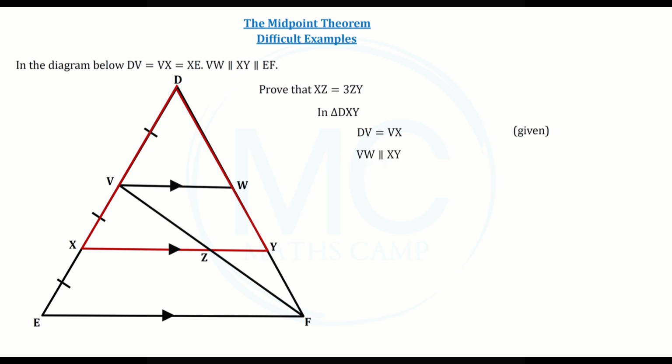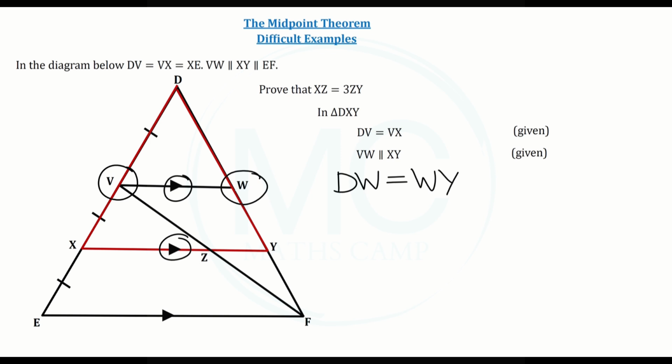And again, we can use given as our reason. Now we can see that V is the midpoint of DX and VW is parallel to XY. This means that W must be the midpoint of DY. So we can say DW is equal to WY.